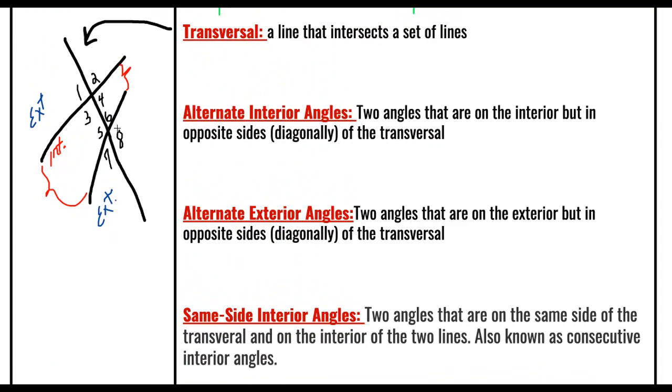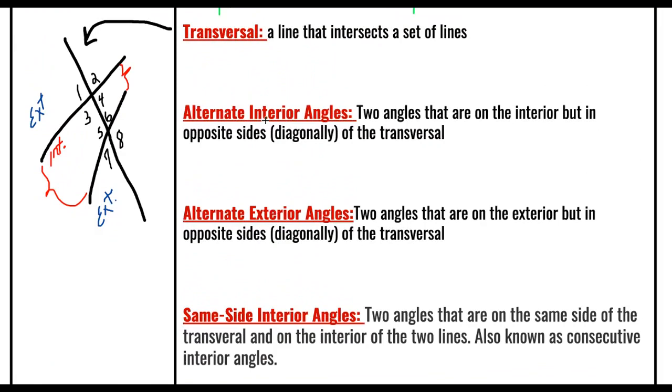And guys, anytime you have a transversal intersecting two lines, which is what we have here, it creates 8 angles. Okay, it always creates 8 angles if it is intersecting two lines. So here we have the 8 angles, and we're going to use these numbers to help us visualize and determine each set of these pairs we have here.